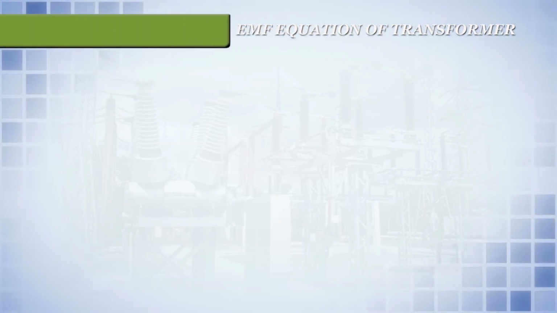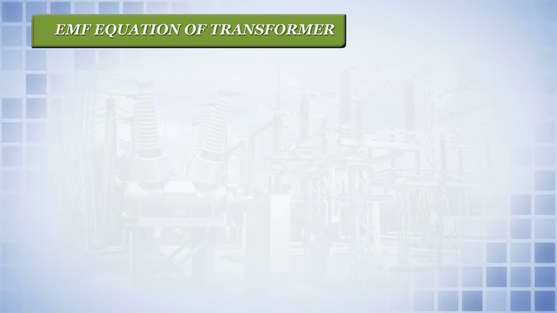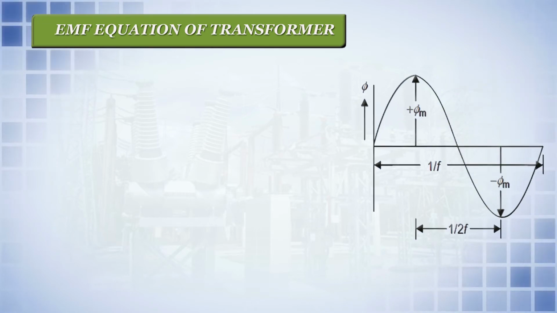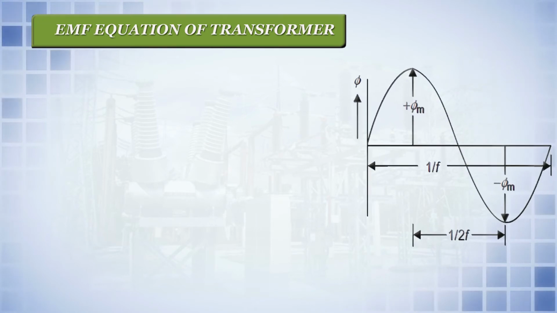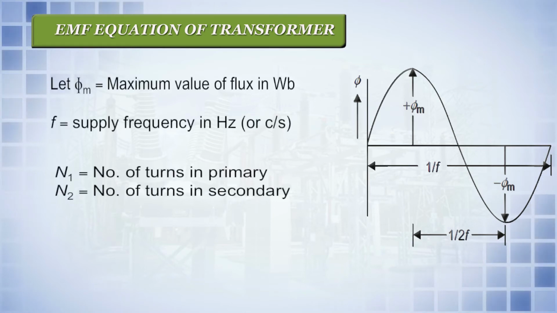Now we have to derive the EMF equation of a transformer. Here you can see in the waveform, when a sinusoidal voltage is applied to the primary winding of a transformer, a sinusoidal flux as shown in the figure is set up in the iron core, which links with the primary and secondary winding. Let phi m be the maximum value of the flux, measured in Weber.